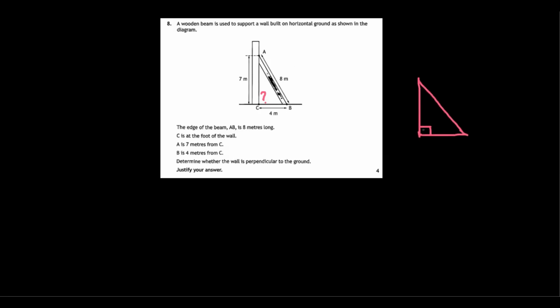So essentially we assume it is a right angle, and then we see if that works. If it doesn't work, that means our assumption was wrong, and that can't be a right angle.